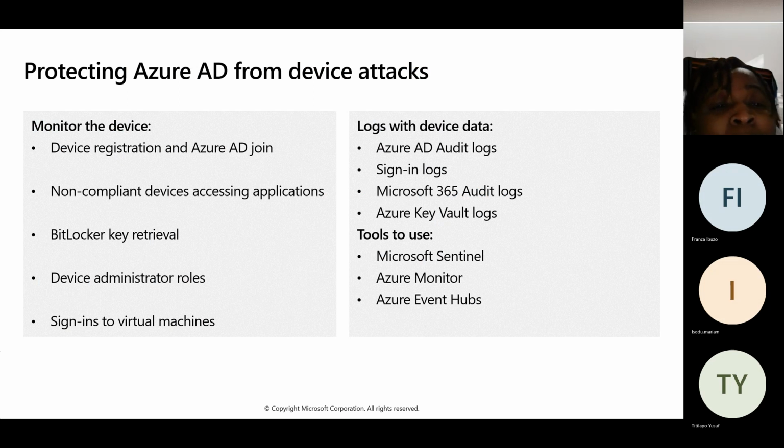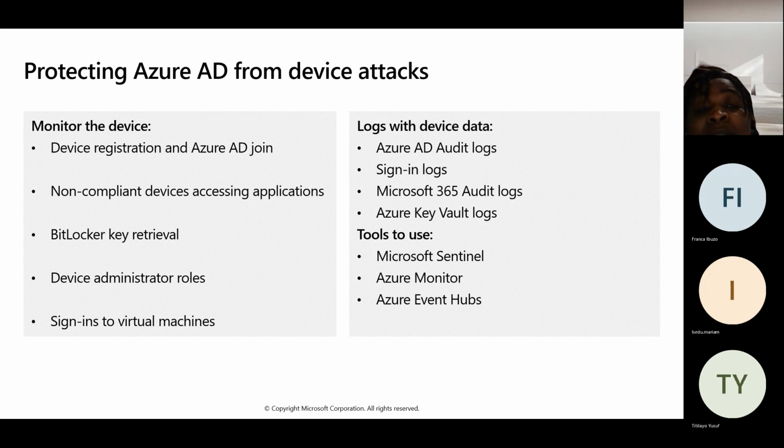So we want to protect our Azure AD from device attacks. We do device registration. We monitor non-compliant devices that are accessing applications. We do things like BitLocker key retrieval. We ensure device administrator roles and sign-ins to virtual machines.